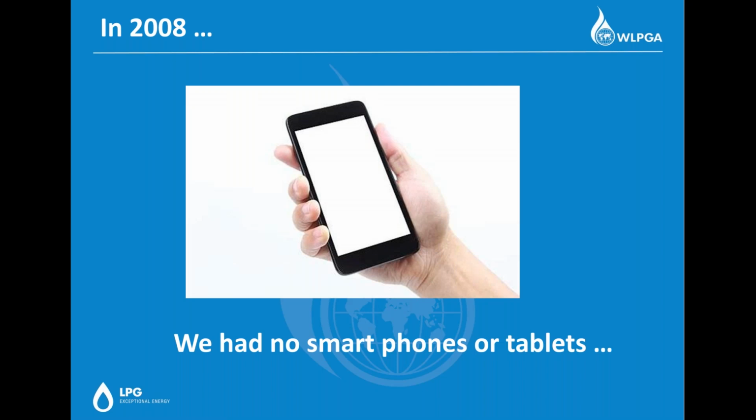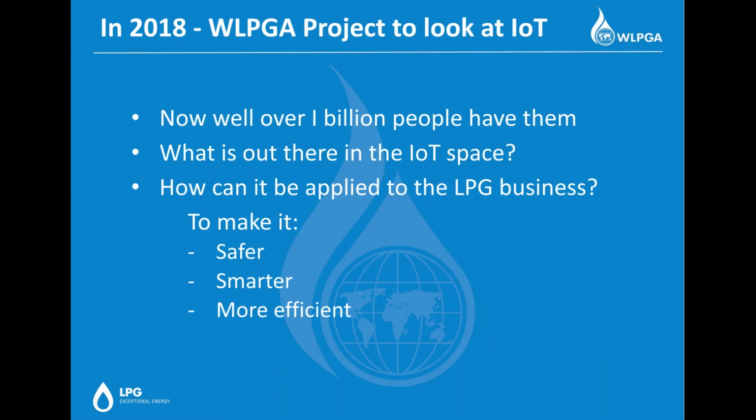So in the early days of 2008, everybody was walking around with mobile phones and Blackberries, and the smartphone really didn't have any presence, or tablets have any presence at all, which is remarkable when you think that it was just 10 years ago. And now the estimate is it's well over 1 billion of these iPhones and tablets in circulation, and it's just climbing exponentially, as Andre will explain a little bit later.